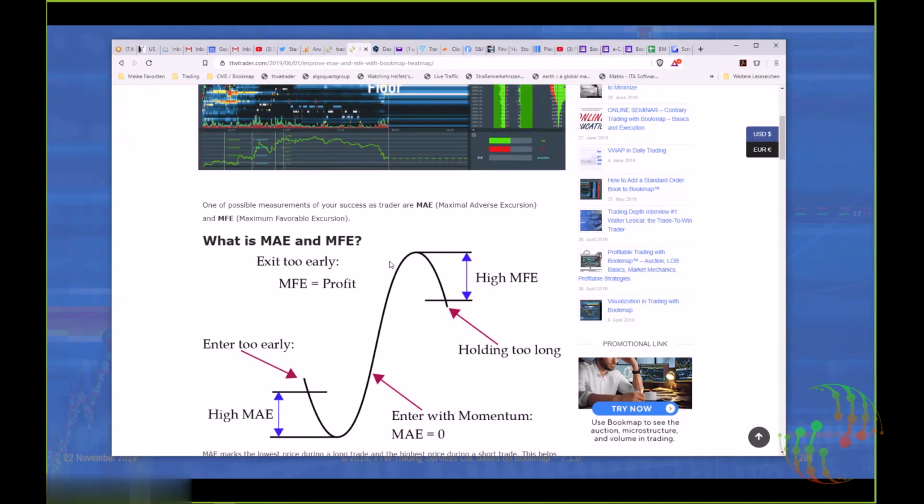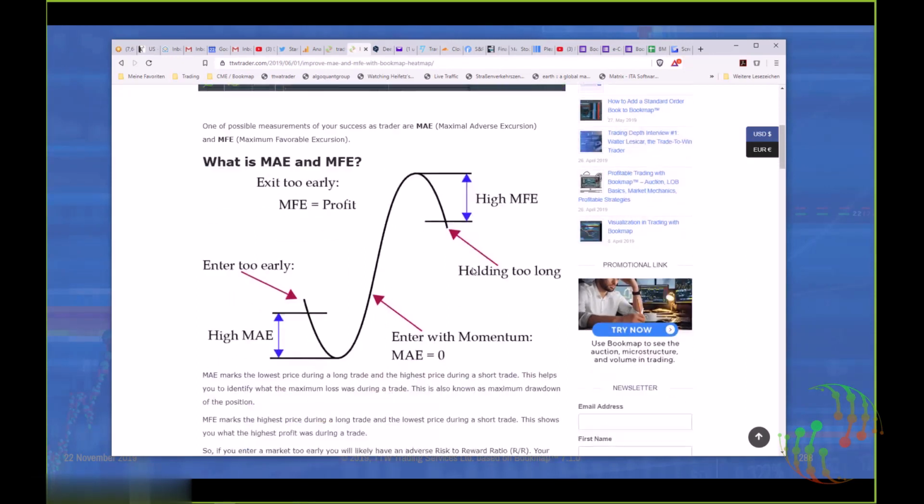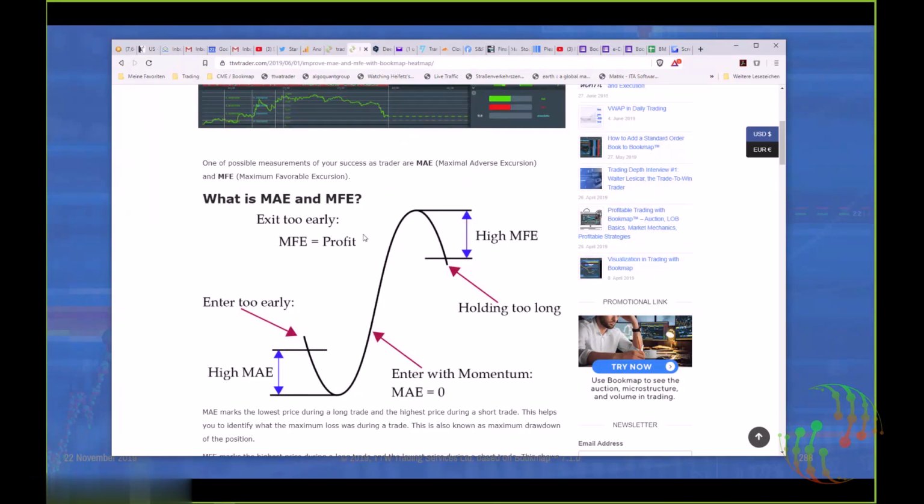If you are doing statistics with your trades, I'm sure you already have it in your trading style, that you have to measure your maximum adverse excursion and maximum favorable excursion. It's important to get these numbers, because when you enter too early, you have a high MAE, and when you're holding too long, you also have a high MFE.